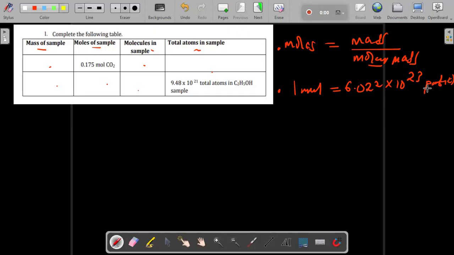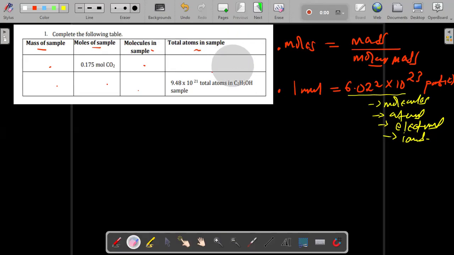The particles can be molecules, atoms, electrons, and ions. So one mole of anything contains the Avogadro's constant number of particles. So this number, 6.023, is the Avogadro's constant.